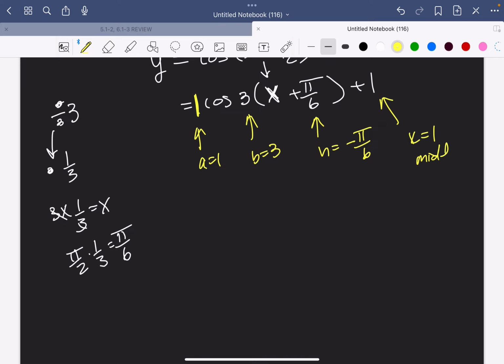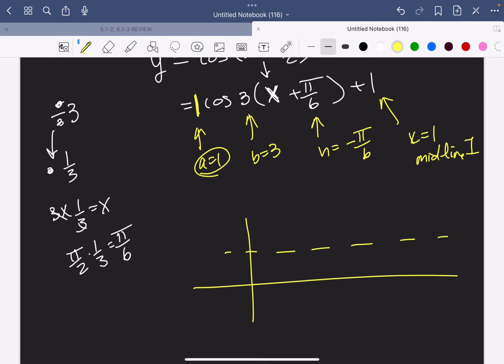So our midline is 1. Our amplitude is 1. So if our midline is 1 and our amplitude is 1, then we go up 1 to 2 and down 1 to 0. I'm going to oscillate in between those.